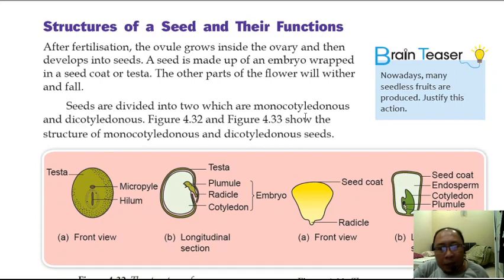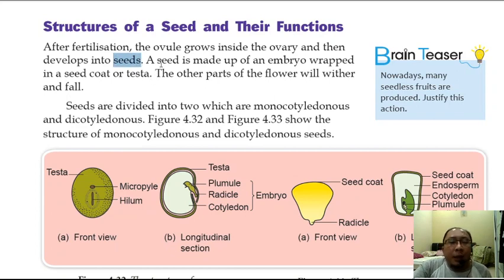So when fertilization occurs, the ovary that consists of the fertilized ovule will develop to become a seed.